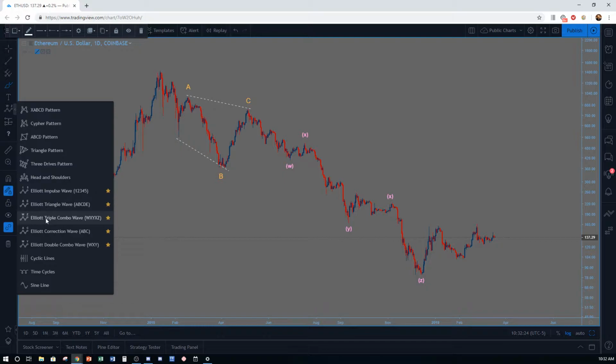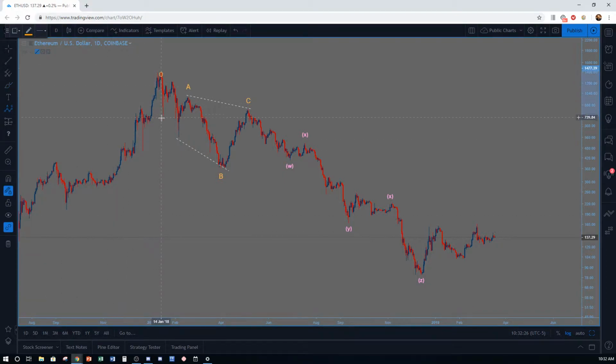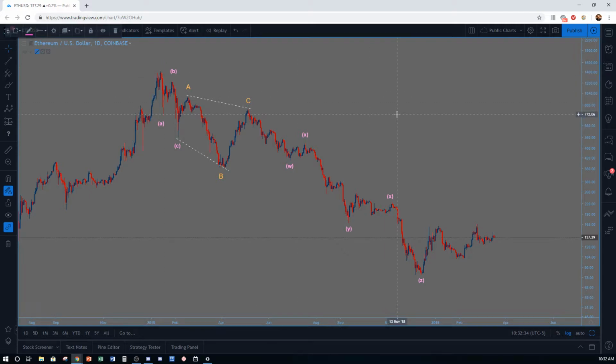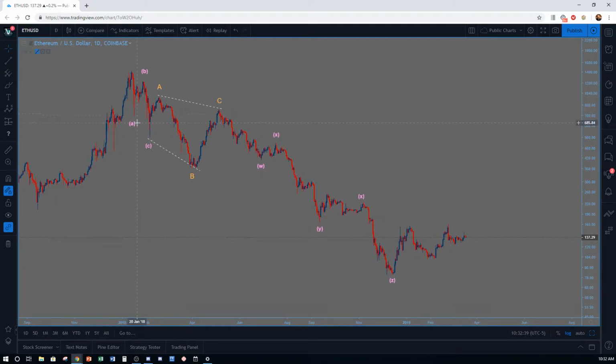But that would be an A, B, and C, of the same degree of this WXYXZ. So we've already defined a lot of this move.